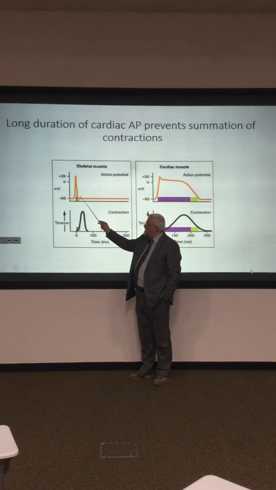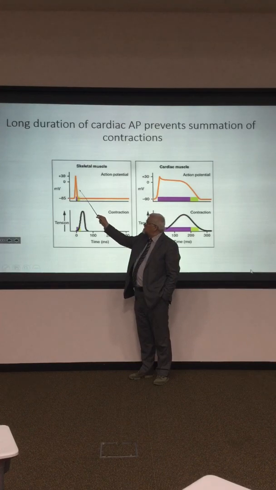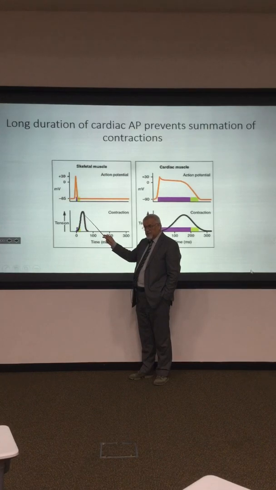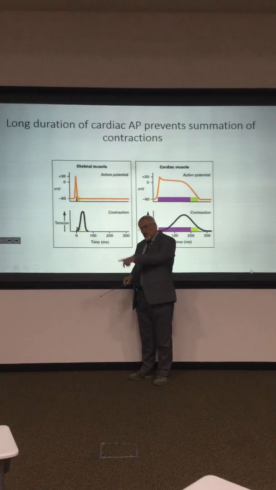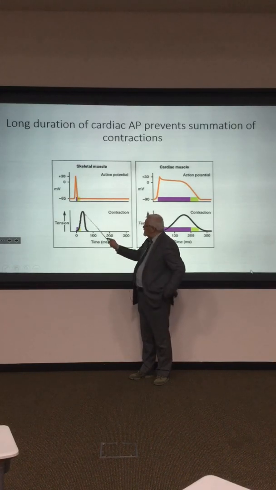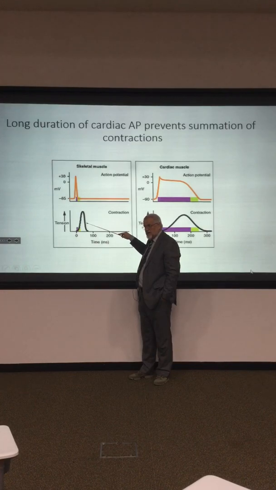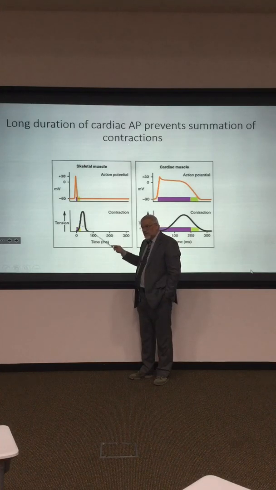That means that this muscle can generate a second action potential and trigger a second contraction starting from the peak of the previous one. So if the command comes from the neuron in fast succession, the muscle will generate strong contraction because of summation of contractions. If it comes somewhere here, the muscle will generate the same contraction as before.